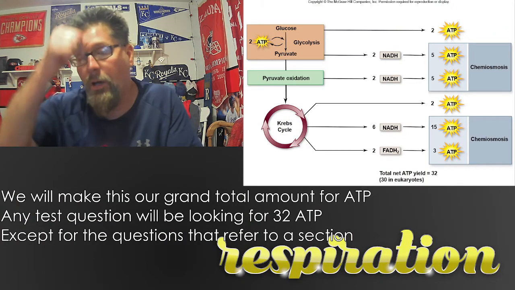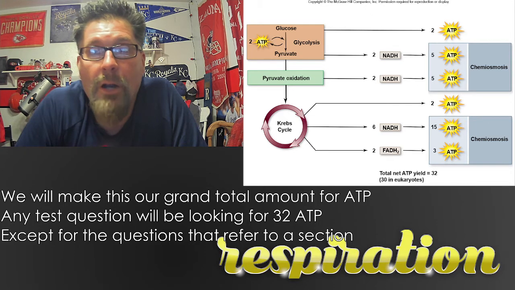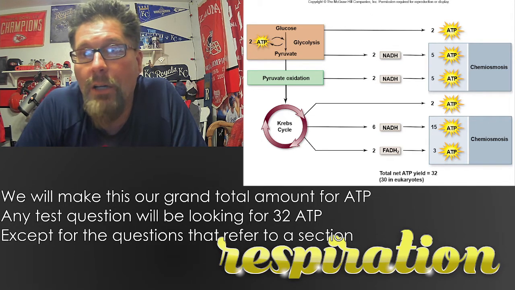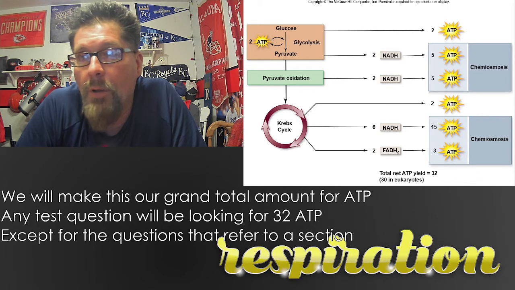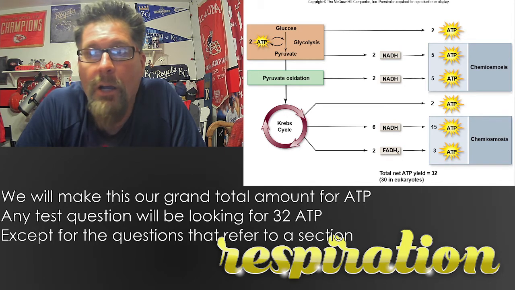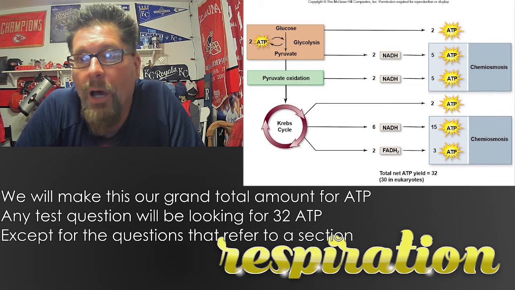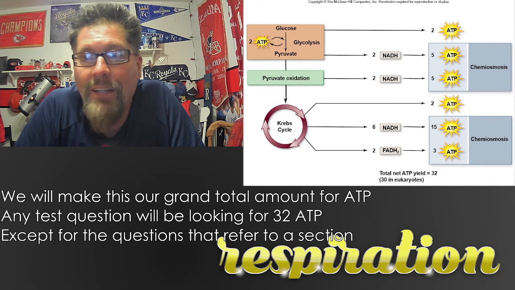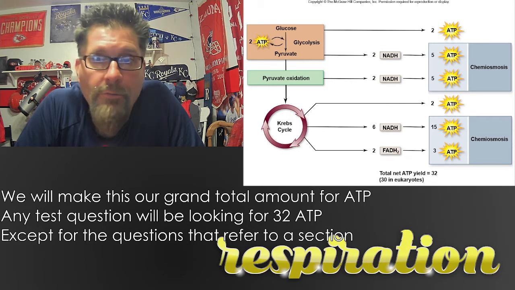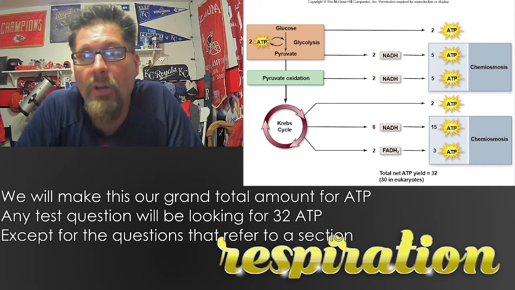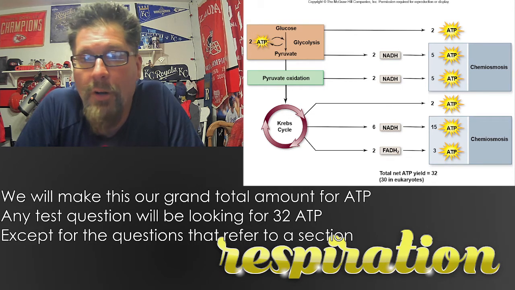Alright, so here's a diagram of the ATP molecules that are made at each level. Glycolysis makes a couple, and NADH is carrying them to chemiosmosis, the ETC, the Krebs cycle. So we come down to a net yield of 32. We make 34, but we use 2 in the initial part of glycolysis to get that going, for a net of 32.